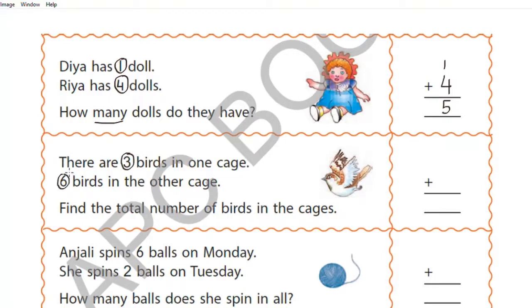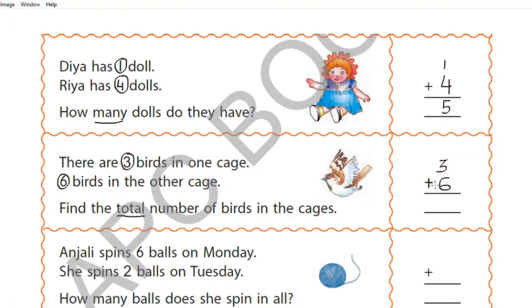Now write these numbers here. 3 and 6. And then see for the word that shows about addition, and in this word problem here the word is total. The word total shows that you have to do addition.